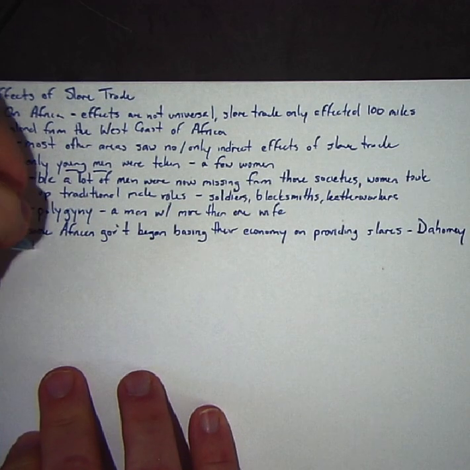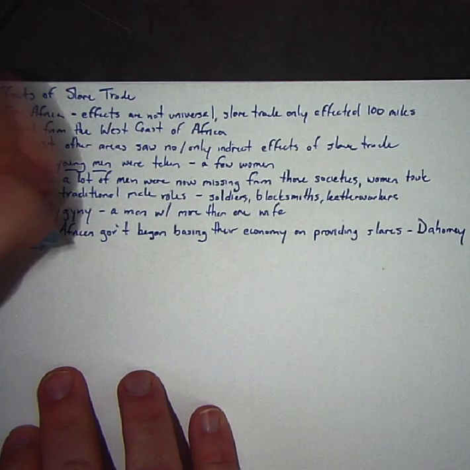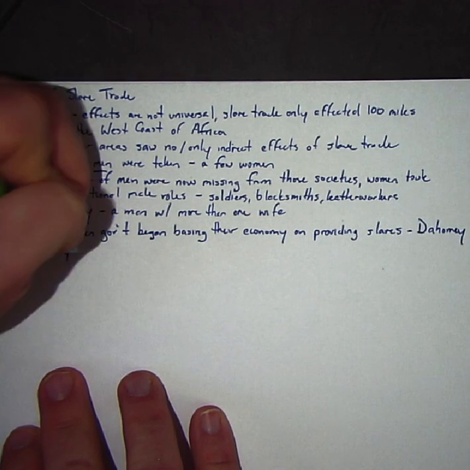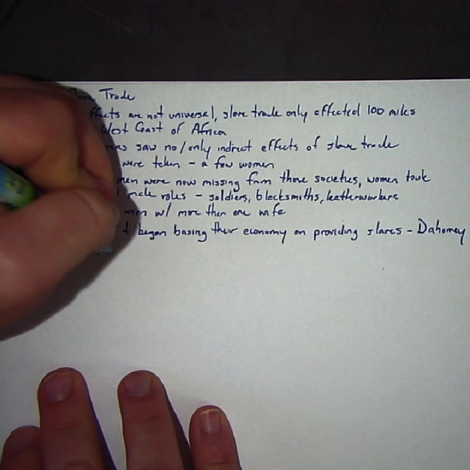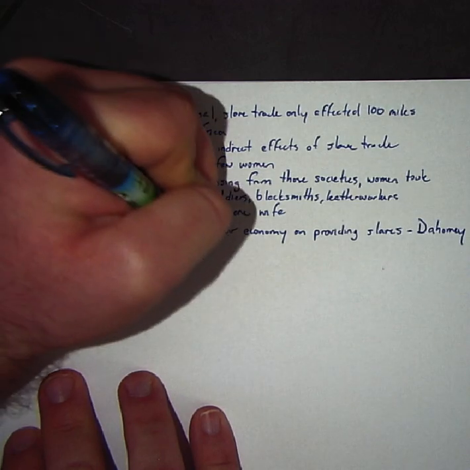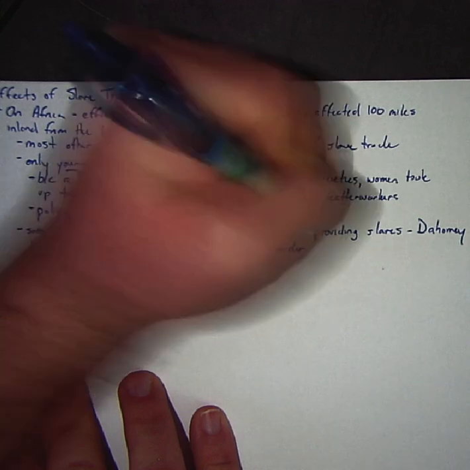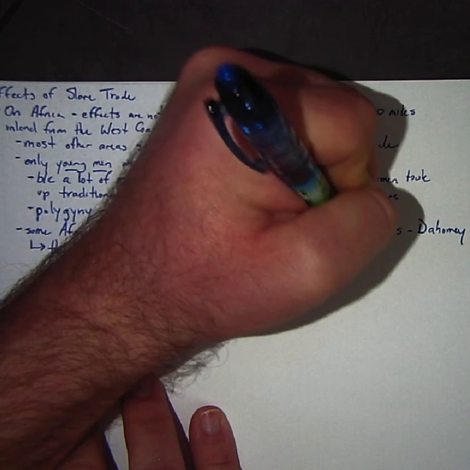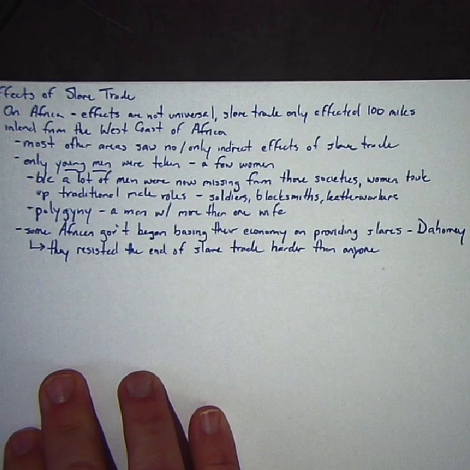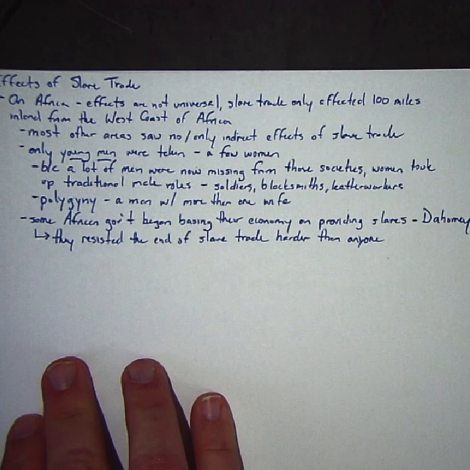And what's especially ironic about these particular African governments is that they resisted the end of the slave trade harder than anyone. Like, that was their entire economy, and they were hurt almost the worst by the end of the slave trade, even than the European colonial societies were.